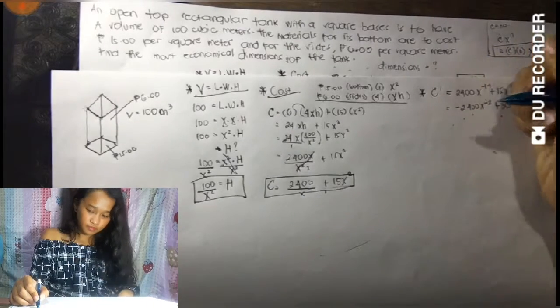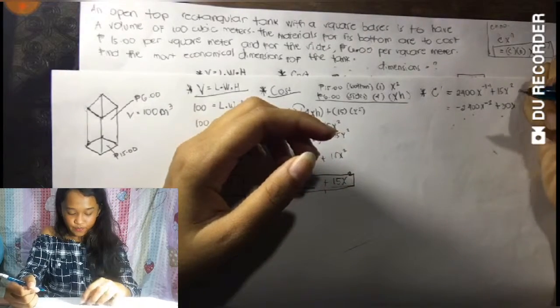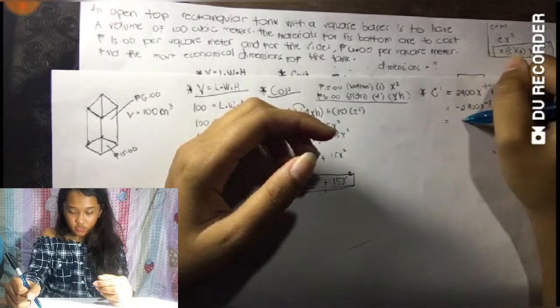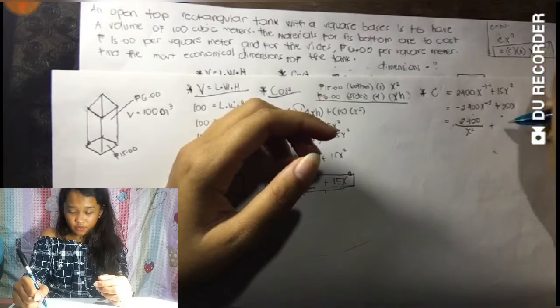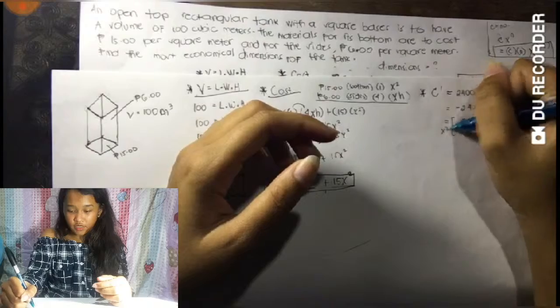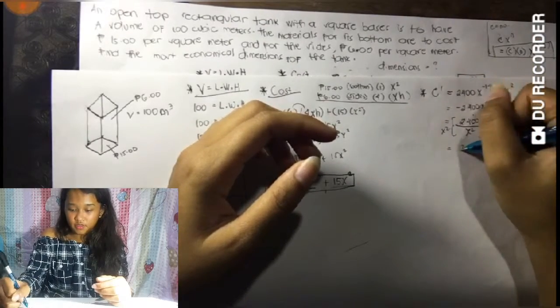The next thing to do is know the critical point or the critical value. But first, let's just return this one to the denominator. It will be 2400 all over x squared plus 30x. Then multiply both sides by x squared.